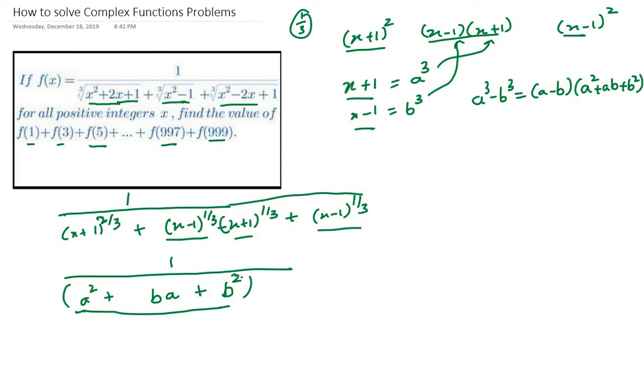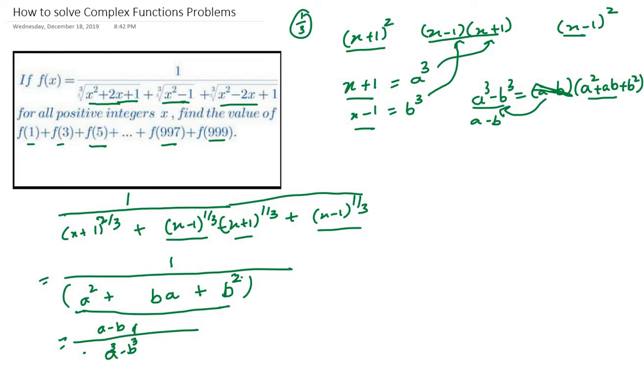So we can replace this part of the denominator: a cube minus b cube will be in the denominator, and in the numerator it will be a minus b, right? This is quite a simplified form.